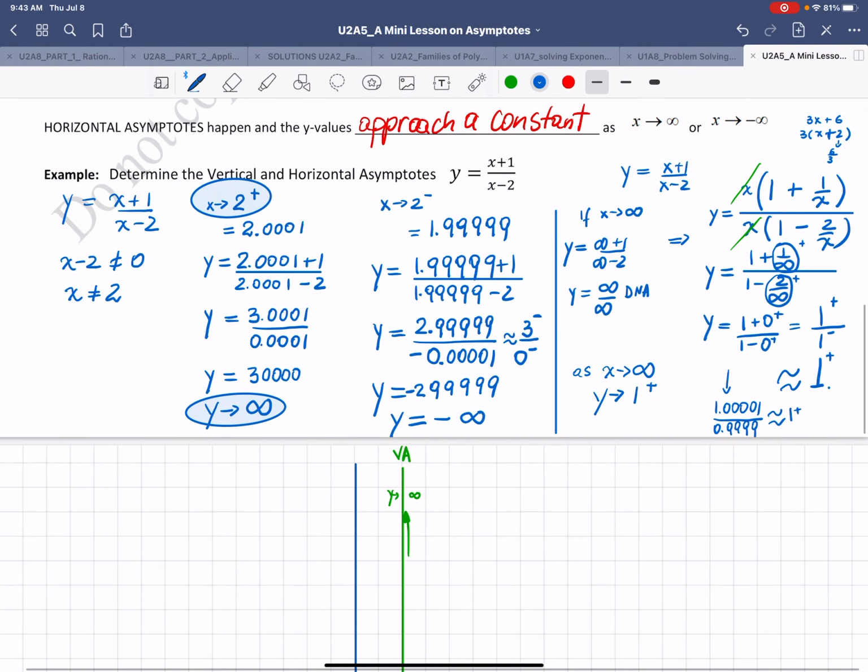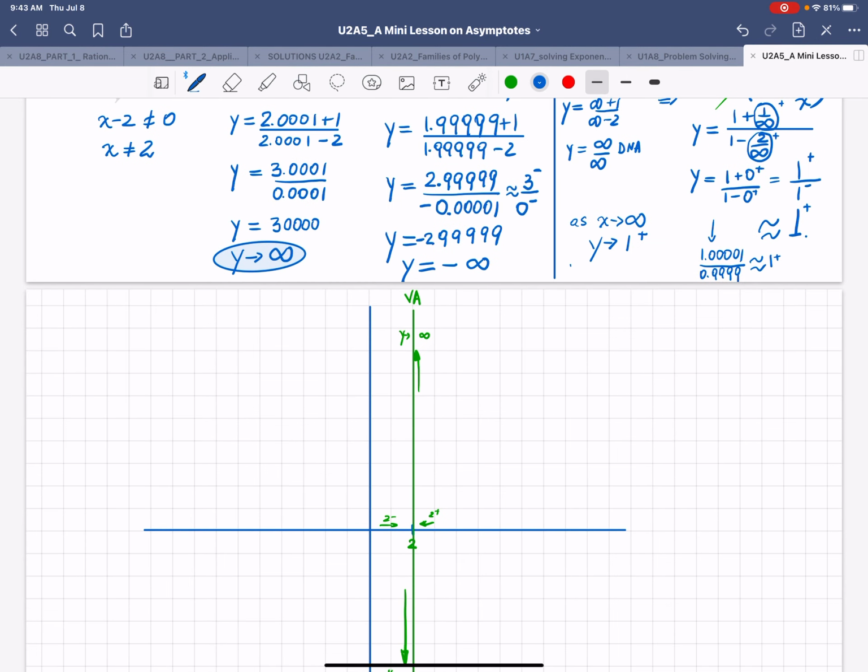Okay, so in other words, and this is the most important part, we're going to say that the function has a horizontal asymptote, y equals 1. And we'll draw the horizontal asymptote right here at y equals 1. And we're going to label it.